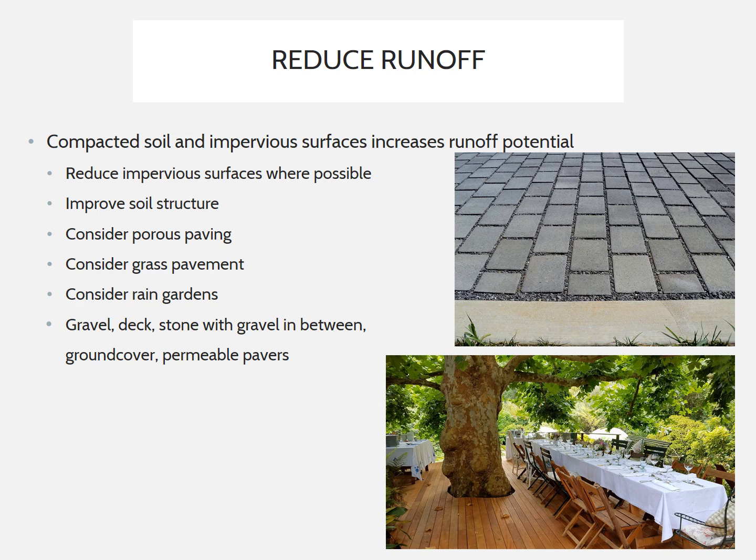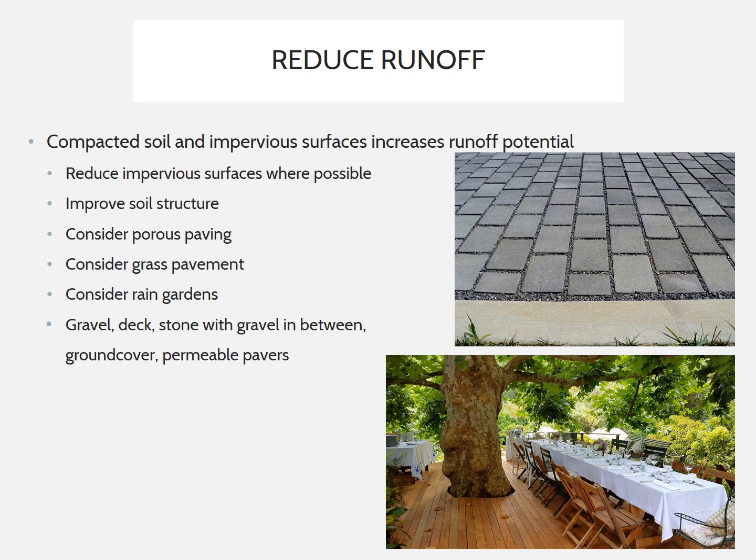So reduce runoff. We always want to try to reduce the amount of runoff on our sites. Compacted soil and impervious surfaces increase runoff potential. So reduce impervious surfaces wherever possible. Improve your soil structure. If you have a healthy, good soil, it's going to absorb more water and let it percolate down through the soil, versus if you have a really hard compacted soil, you'll have more runoff.